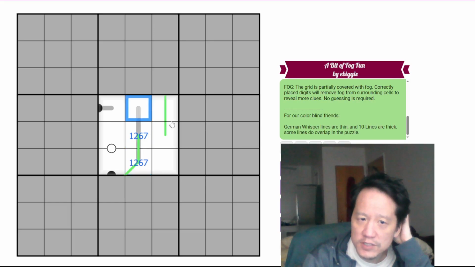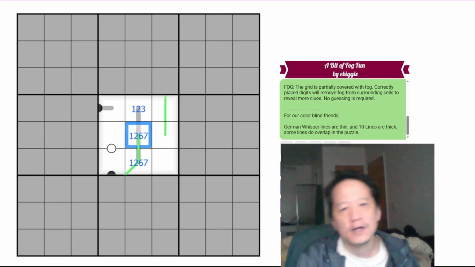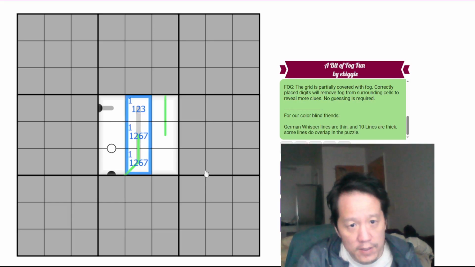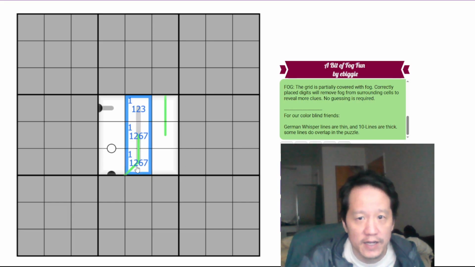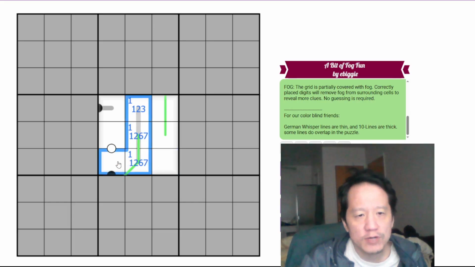It's either 1 6 with 3, it could be 1 7 with 2, or it's 2 7 with 1. So there has to be a 1 on this 10 line here, which means the rest of the cells in this box cannot contain a 1.